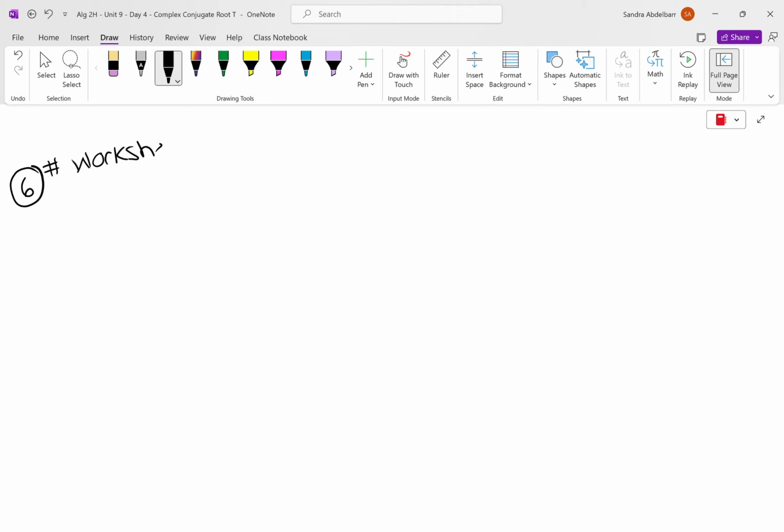Capital I of x. Okay, so here, this is number 10 from our worksheet that I'm going to assign as homework, number 10. Okay, so I'm going to throw a little bit of a curveball in here.